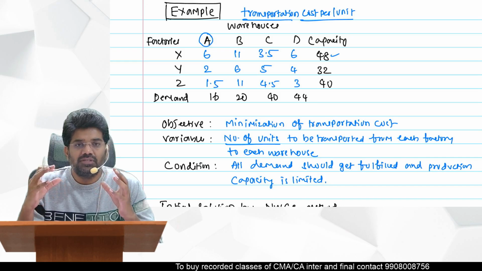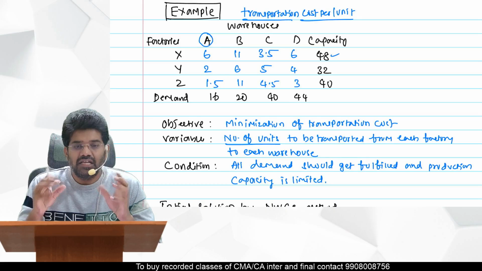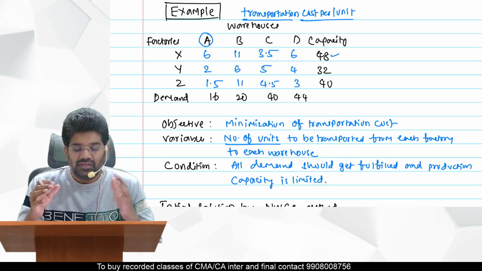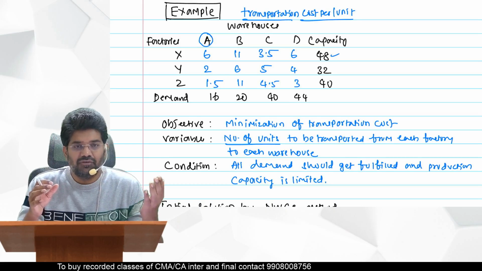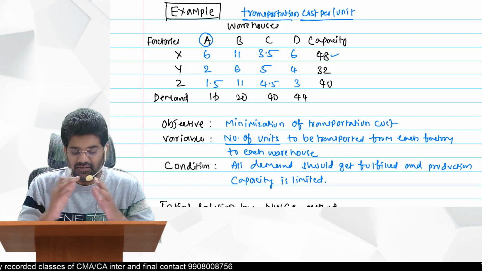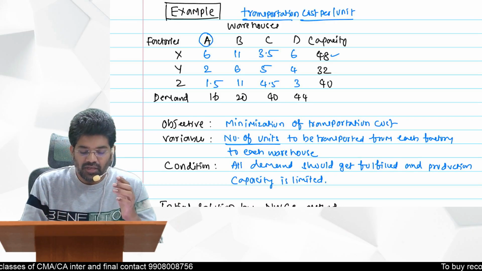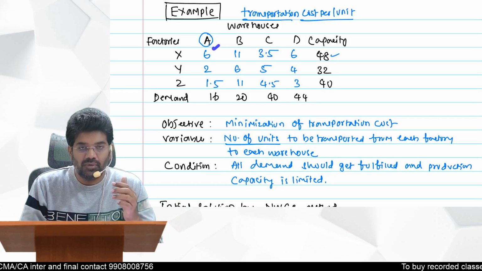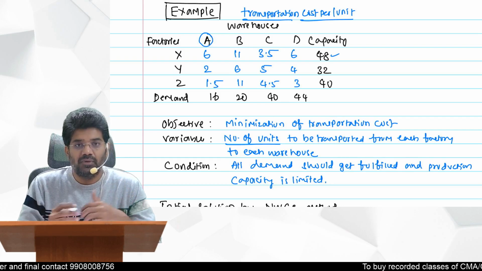My overall objective is to minimize the transportation cost of transporting goods from these respective factories to the respective warehouses. So we need to find out how many units from X to A, how many units from X to B.